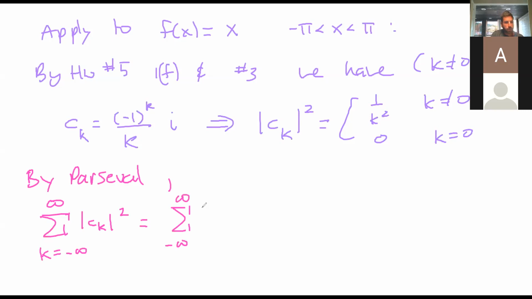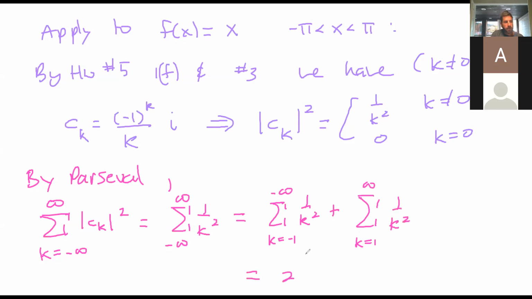How do you interpret this? Think of this as the sum where k goes from -1 to -infinity of 1 over k squared, plus, when k is 0, it's equal to 0. So then it's equal to this. But that's really just two copies of the same thing because you're squaring the denominator.